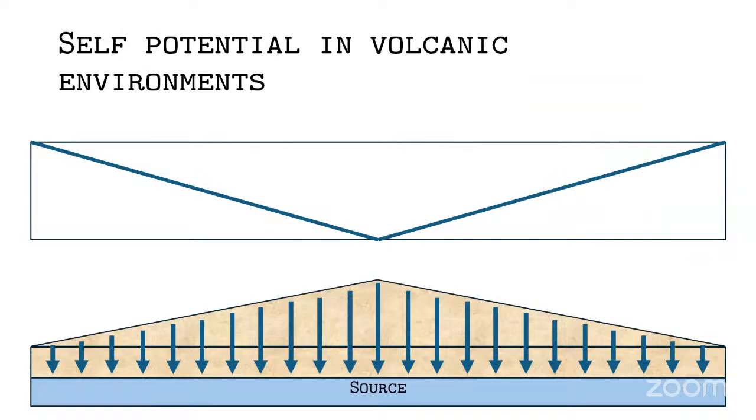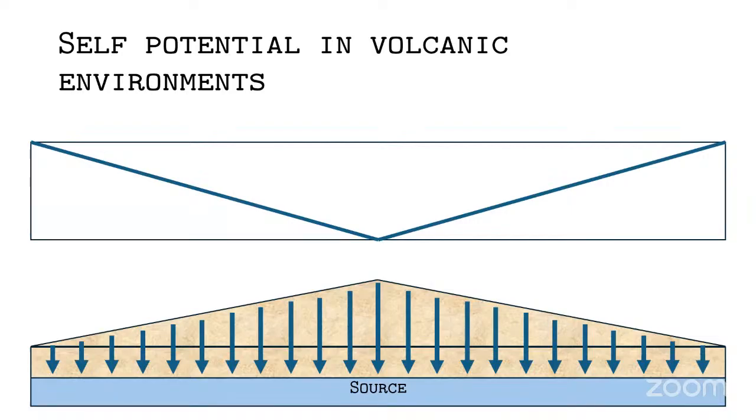The self potential in volcanic environments is similar to the hydrothermal. The response of the potential will show a W behavior when crossing the volcanic building. Let us return to the topographic effect we have seen previously. In this case, we do not have any source of energy that makes the water rise.